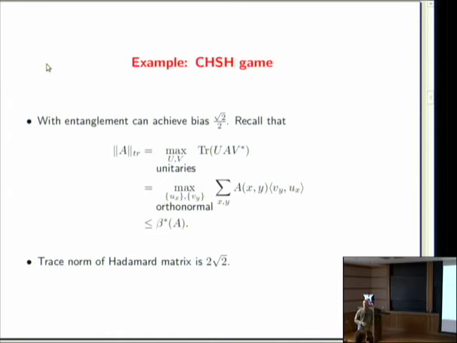The trace norm for the 2x2 Hadamard matrix: the singular values are all root 2, so it's 2 times root 2. Then I normalize under the uniform distribution, dividing by 4, so the bias is root 2 over 2. And this again proves that there is no classical realization of quantum mechanics. In physics terms, you interpret the classical bias as local hidden variable theories.